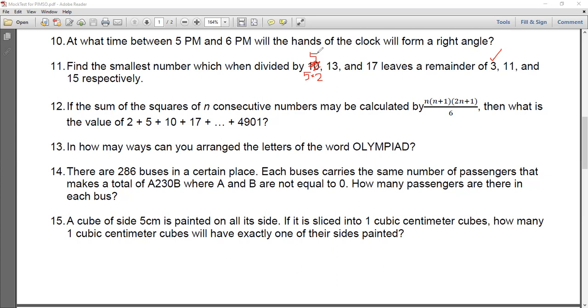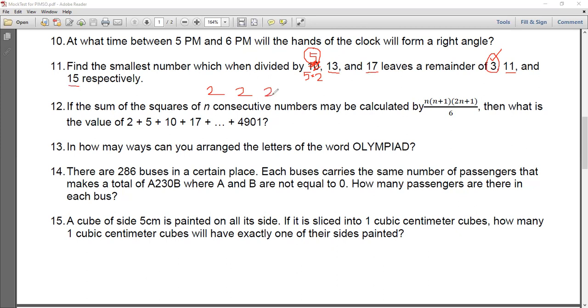We are going to subtract the remainder from the divisor, and let us check if all of the differences are equal. So 5 minus 3, that is 2. 13 minus 11, that is also 2. 17 minus 15, that is also 2.